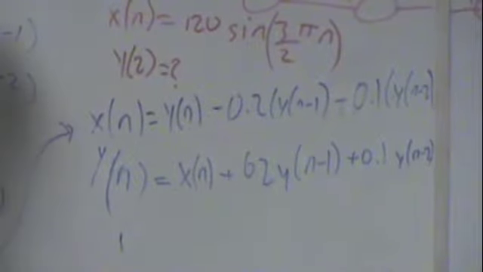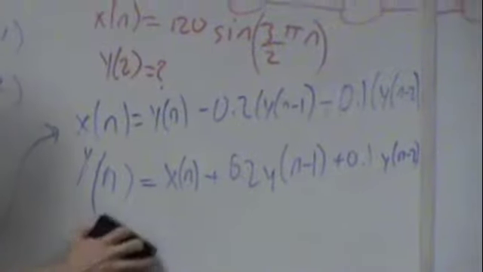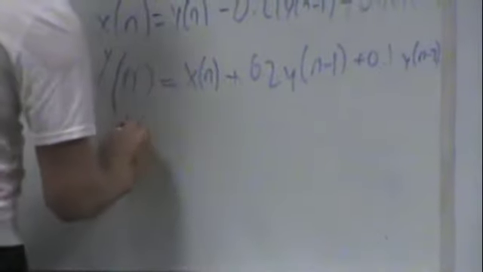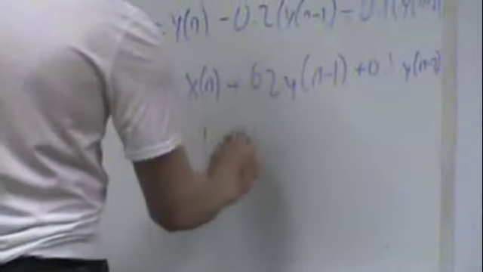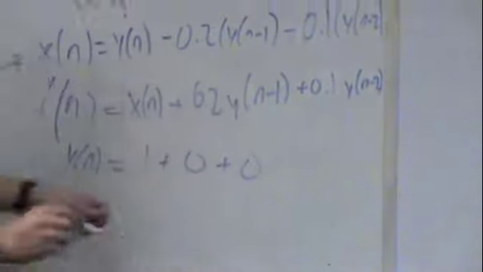So the first one we're going to go is y of n equals 1 plus 0 plus 0, which gives us 1. That should be y of 0.